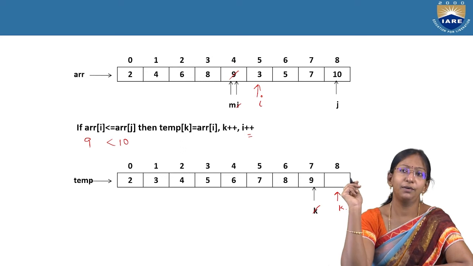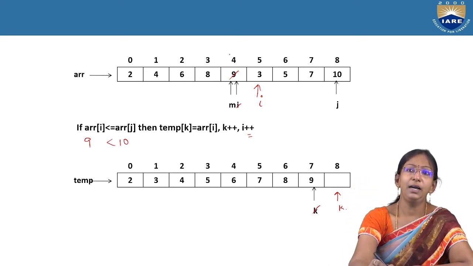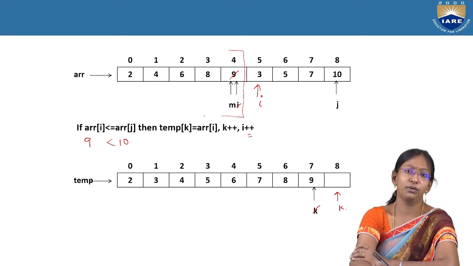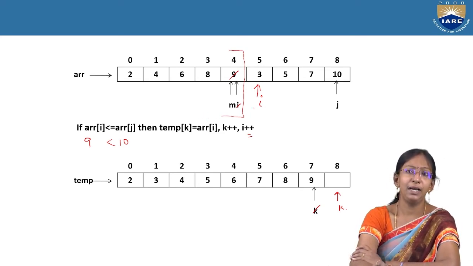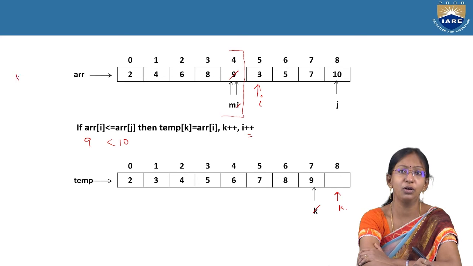There is a point that you have to observe here, guys. You can see that I crossed mid. What was the index value of M? M was holding 4, right? But I crossed M. That is the boundary. Have a look at our previous talk.